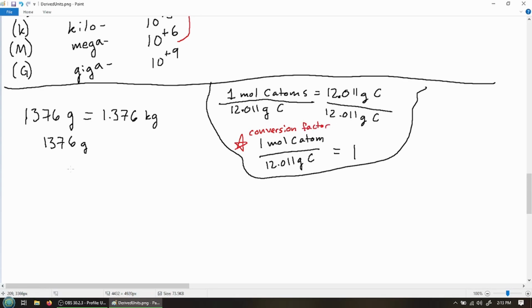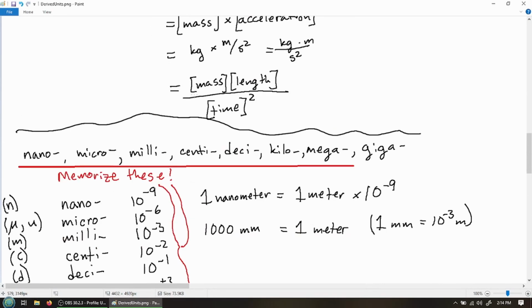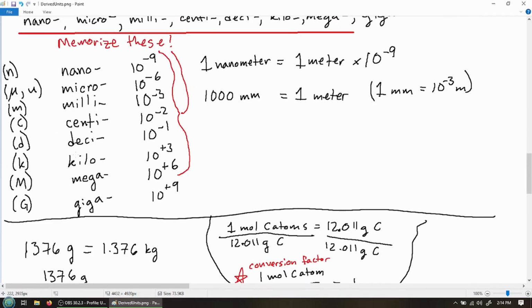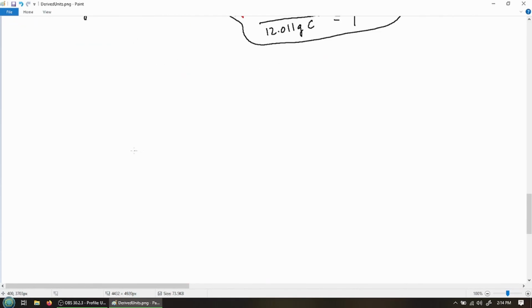So what we can do here is we can say, well, what is the relationship between them to begin with? We know that if we find kilo on our list, that this is whatever amount of grams we're talking about times 10 to the third, right? So let's write that out.